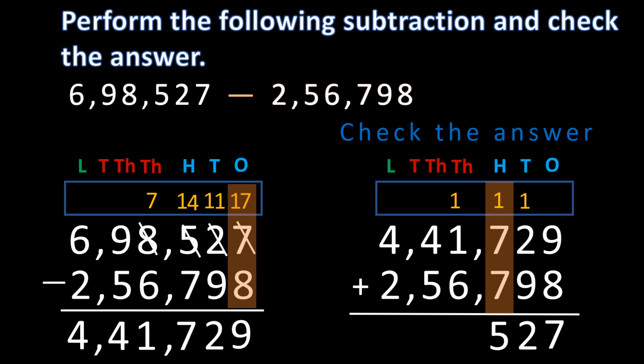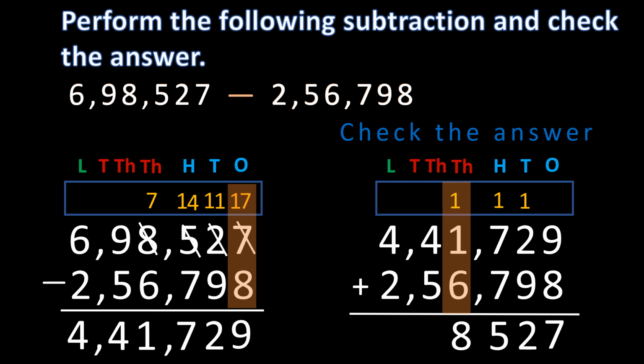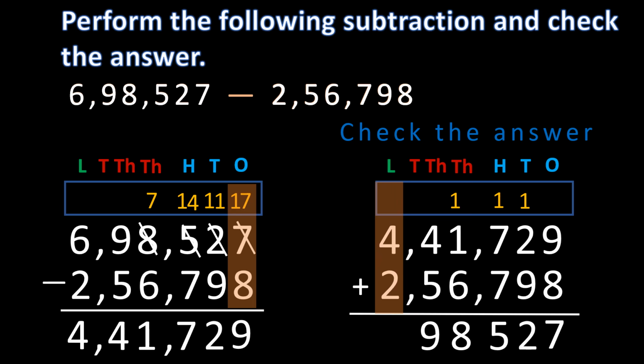Then add the digit at thousands place. 1 plus 1 is equal to 2 and 2 plus 6 is equal to 8. So write down 8 in thousands place. Then add the digit in 10,000s place. 4 plus 5 is equal to 9. So write down 9 in 10,000s place. Then add the digit in lakhs place. 4 plus 2 is equal to 6.